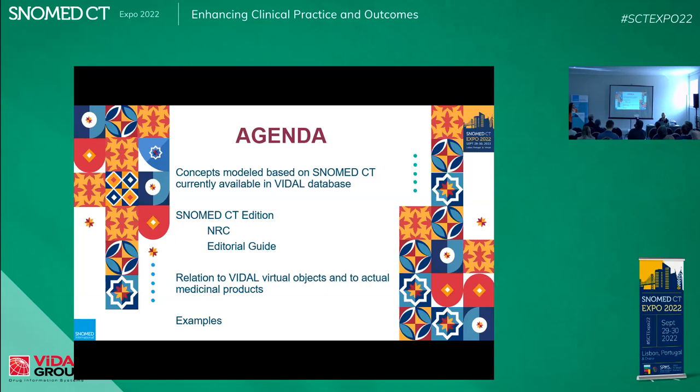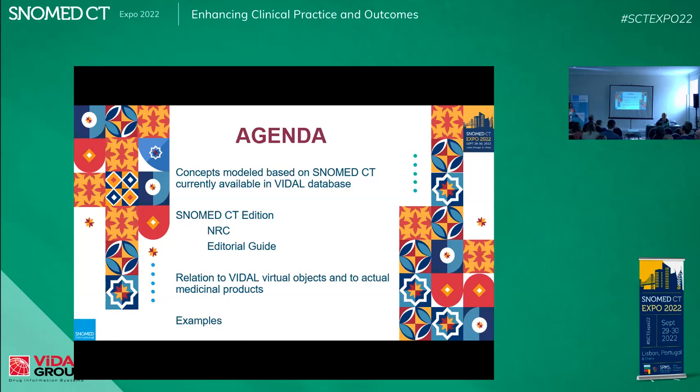So I'll be presenting the different SNOMED CT extensions or national editions that we are currently working with. We are specifically working with the Spanish edition and the national edition for Spain, and also with the national editions for Chile and Uruguay.